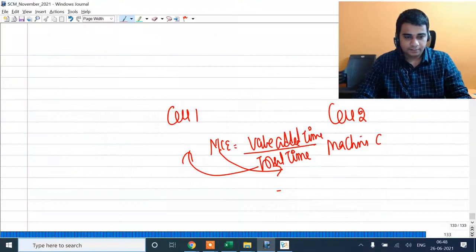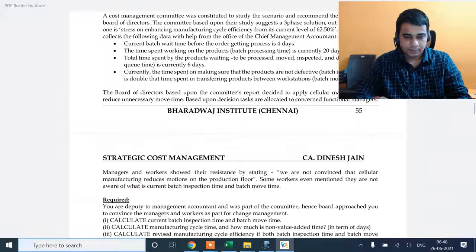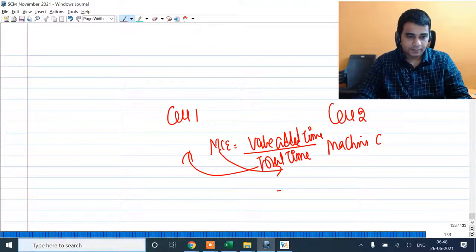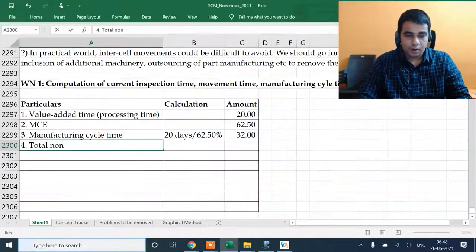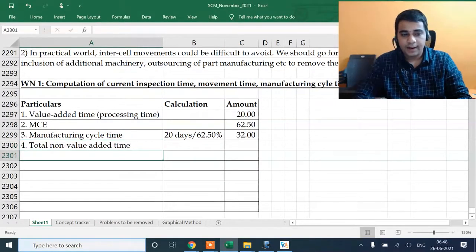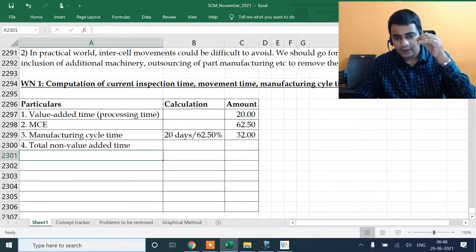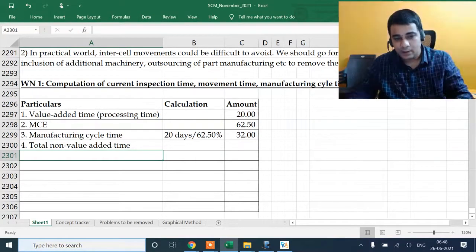Non-value added time: your total time is 32 days. In that, value added is 20 days. Balance is non-value added.